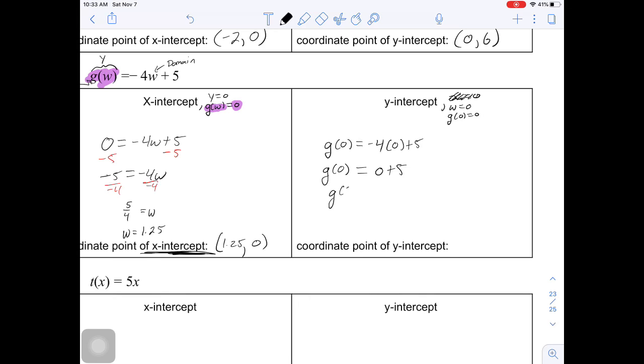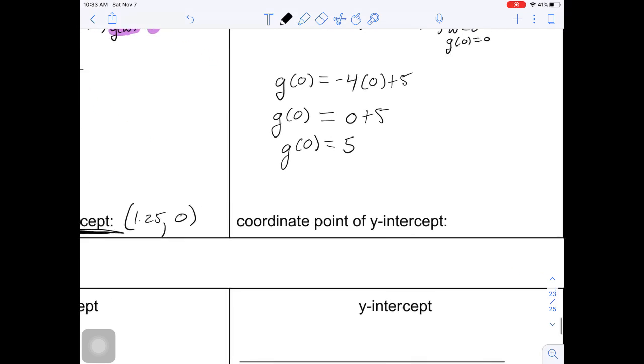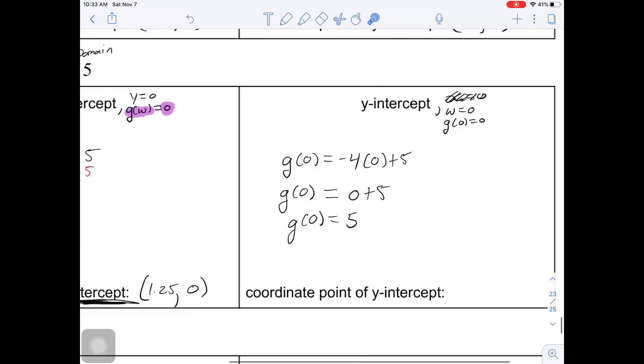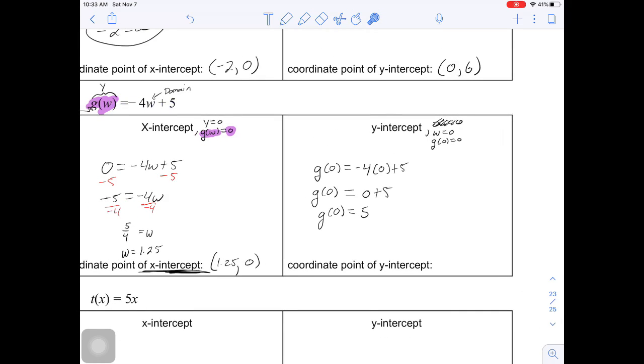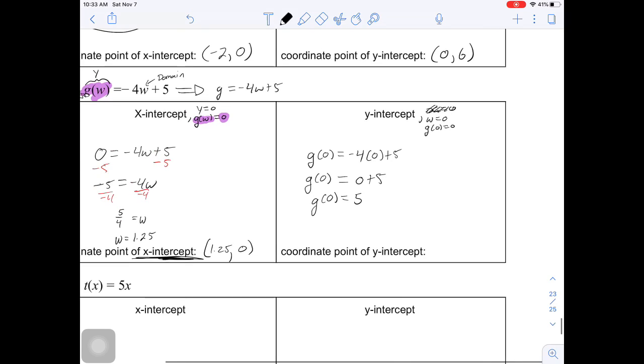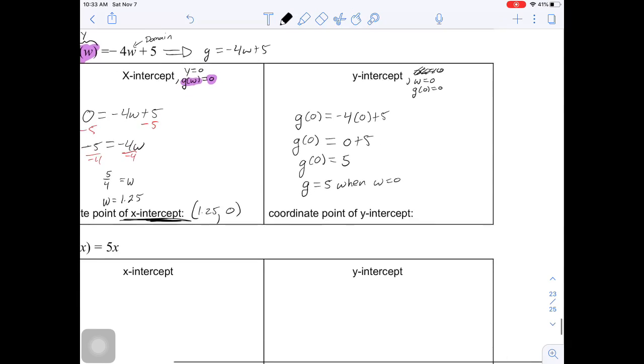Okay, and then g at 0 equals 5. Recognize and remember that this equation can be represented simply by g equals -4w plus 5. So you could also say simply that g equals 5 when w equals 0, okay?